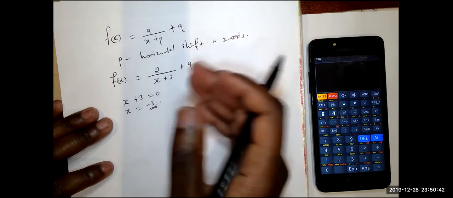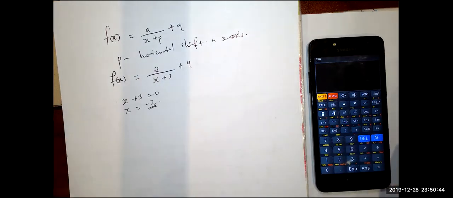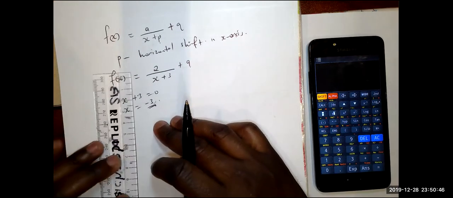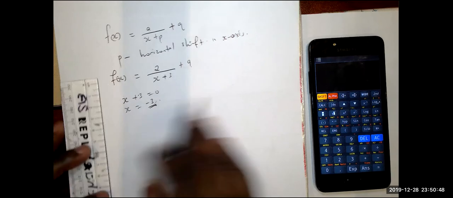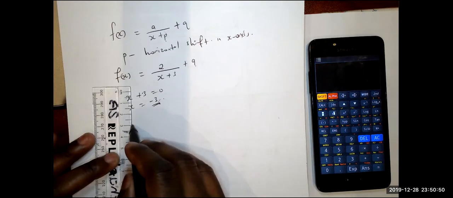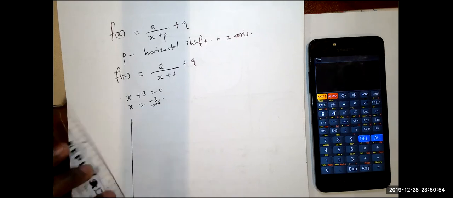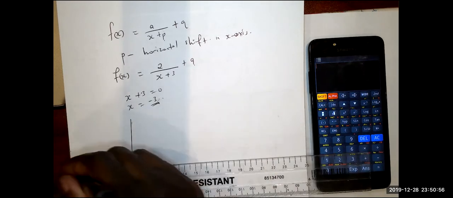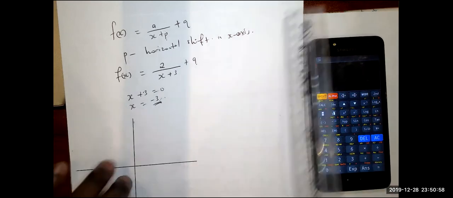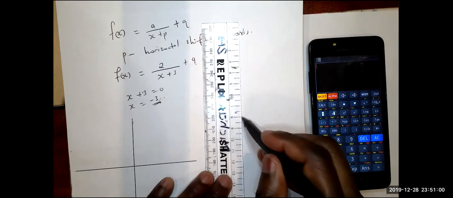So it means that you have moved your graph now. So let's see your original graph here. I'm just going to draw 2 graphs, and let's draw the other one for the final.